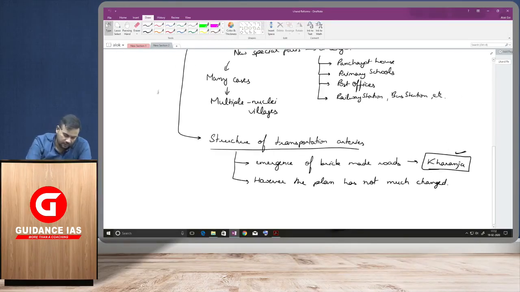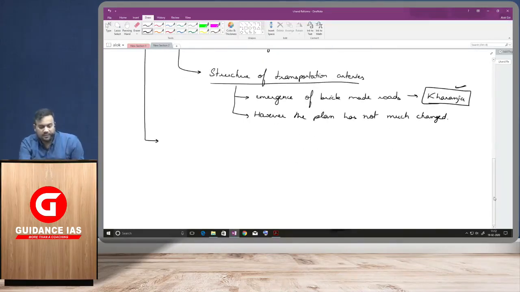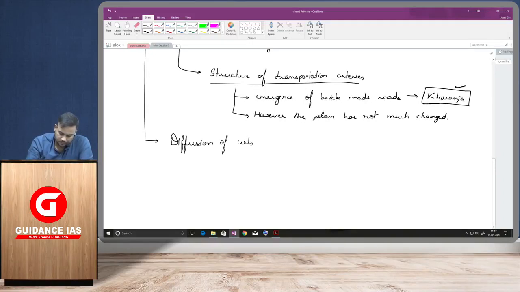Then another type of change which has taken place is diffusion of urban cultures. Diffusion of the urban cultures has occurred. And this diffusion of the urban culture has brought fast changes in the built up area.